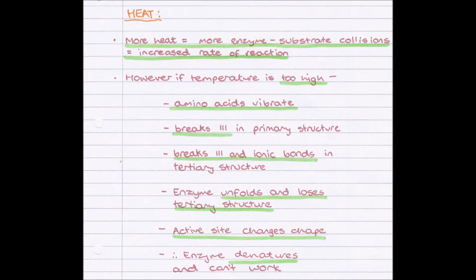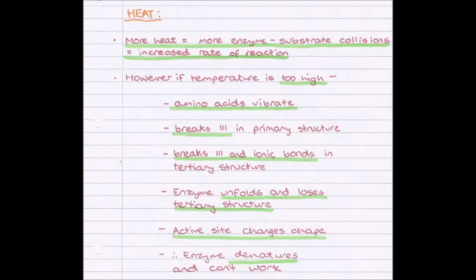And due to that, the weak bonds in the enzyme structure, in the protein structure, will begin to break down. What will happen is hydrogen bonds and ionic bonds in the secondary and tertiary structures will be broken by these amino acids vibrating, and this will cause the enzyme to unfold.